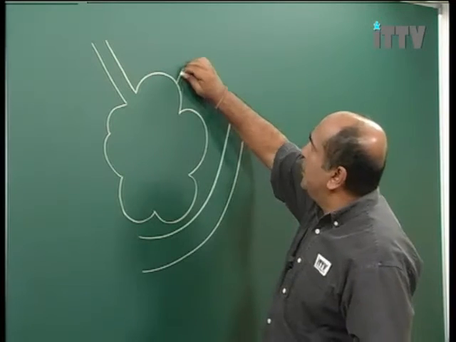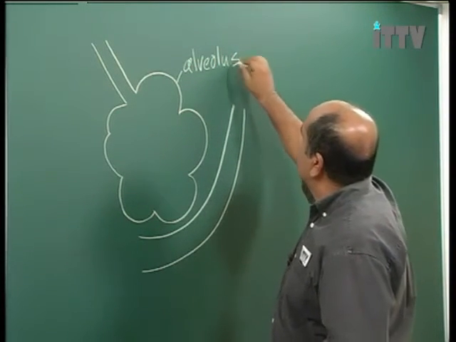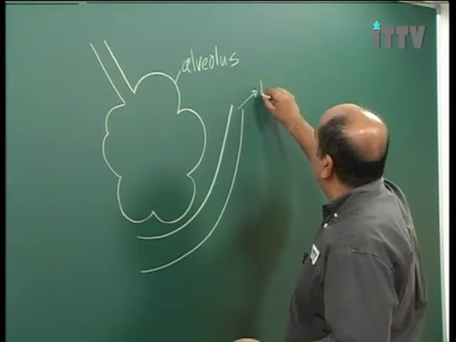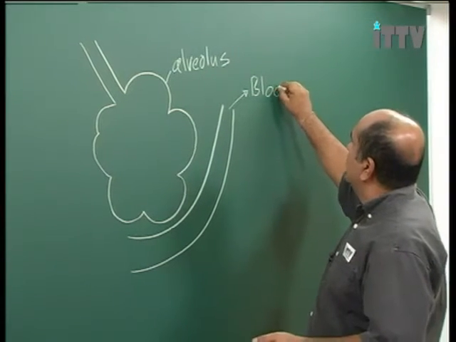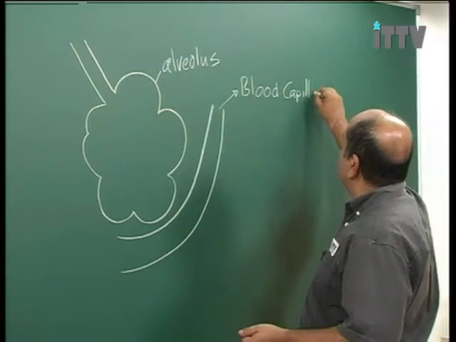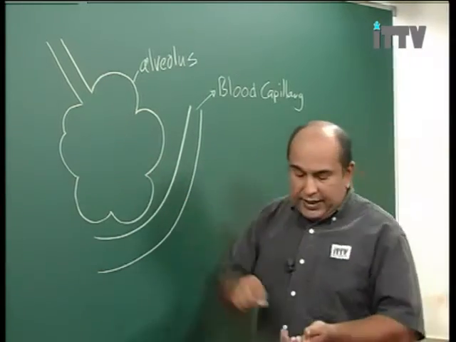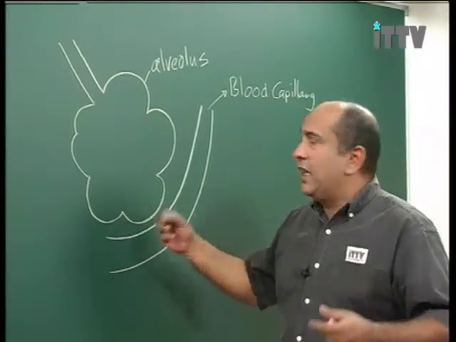Let's label these two main things. This is our alveolus, and over here, this is our blood capillary. So inside here is where the main gases are.